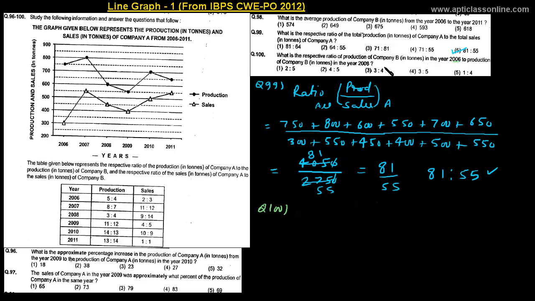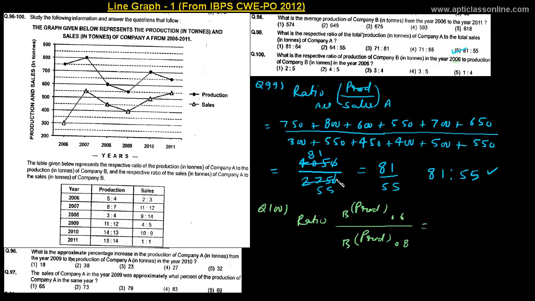Here we need data for company B, so we will have to use this particular data table in order to get these values.